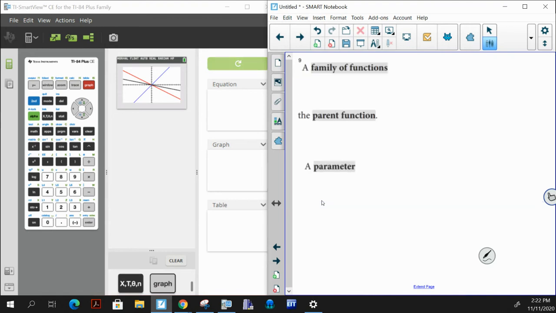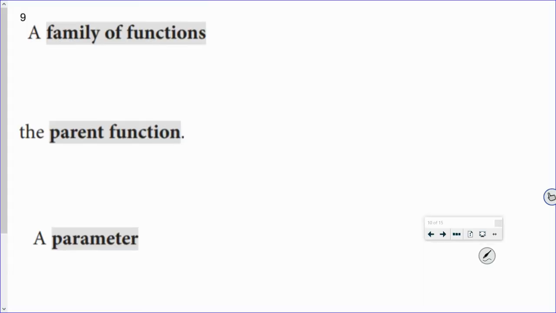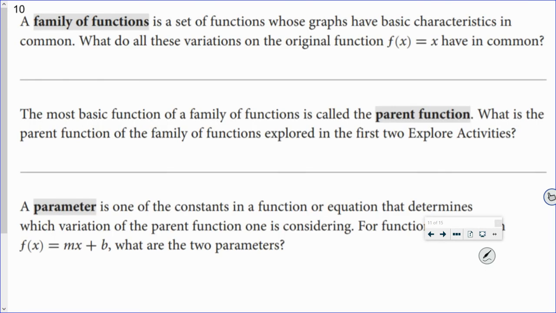We've got some important definitions here. I want you to write this down. A family of functions. If you're looking at your slide, you'll notice on the second slide I've given you a real official definition.